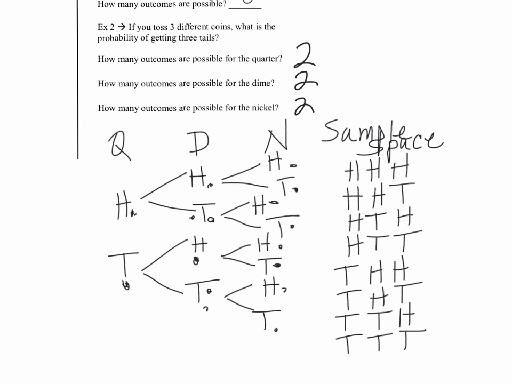So you would think that we would have 2 times 2 times 2 as our possible number of outcomes. 2 times 2 is 4, times 2 is 8. Let's count. 1, 2, 3, 4, 5, 6, 7, 8. 8 possible outcomes.